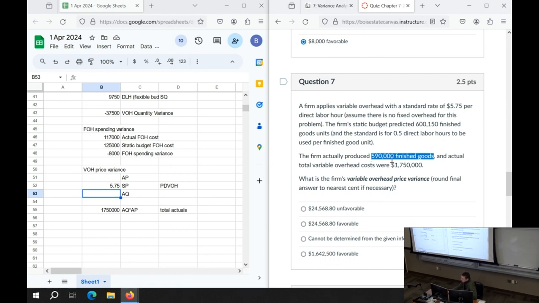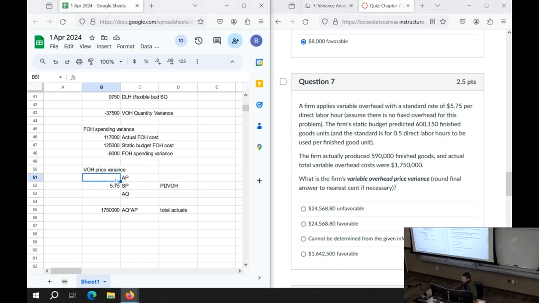The problem I have is that we don't know how many direct labor hours we spent to produce those goods. We have half an hour as our standard, but that's our standard direct labor hours per finished goods unit. This times this would give us our standard quantity on the flexible budget, but it doesn't tell us how many we actually used. So we don't have an actual quantity.